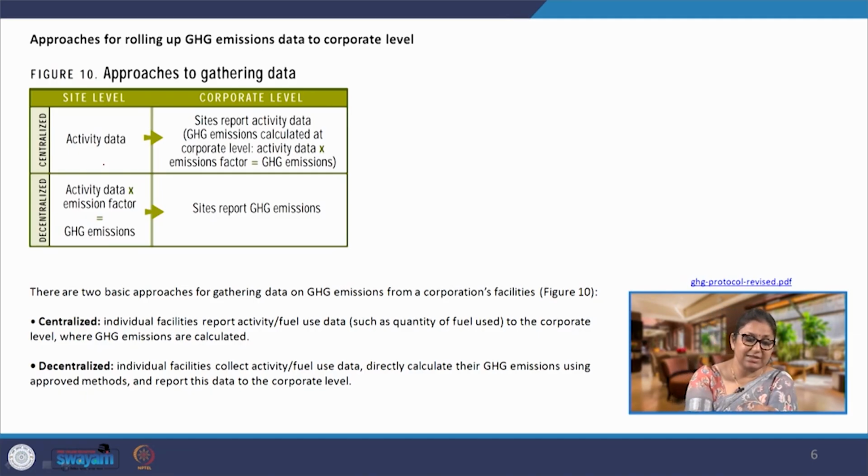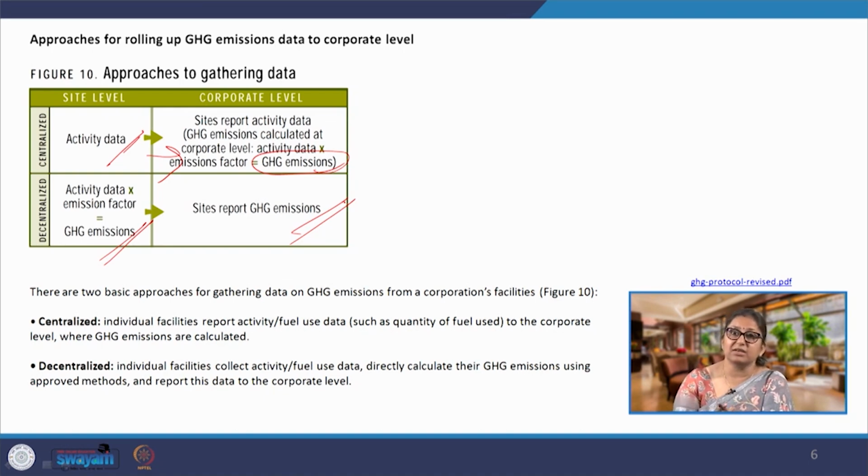One, they could send the data to the parent company and then the parent can do the conversions and the calculations, and then calculate the GHG emissions. Or, each site can calculate its own GHG emissions and then the company can report the GHG emissions.